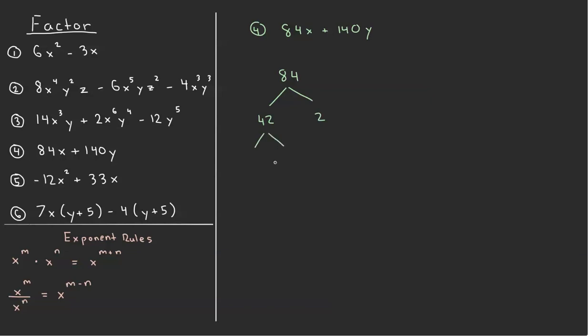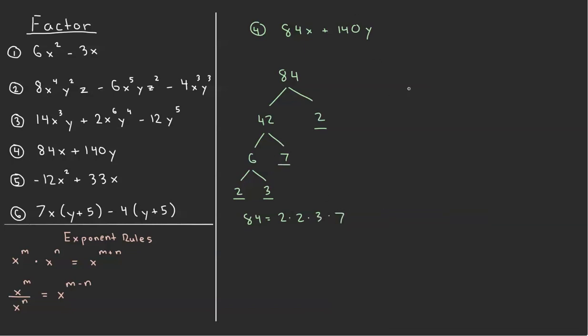And 42, we could say, is 6 times 7. And 6, we could say, is 2 times 3. So the prime factorization of 84 is 2 times 2 times 3 times 7.